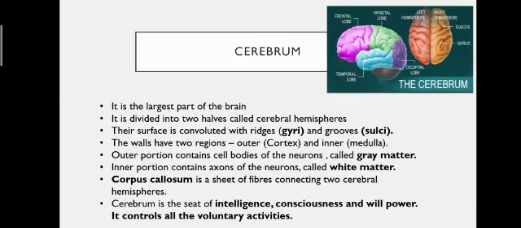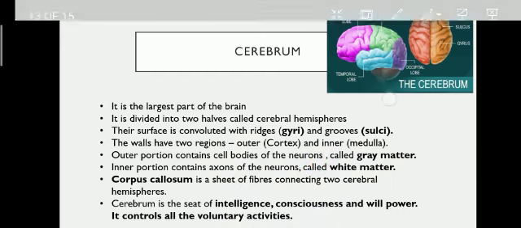After that, as I said, the outer region is known as cortex and the inner region is known as medulla. The outer portion contains the cell body of the neuron, called gray matter. As it is grayish in color, we call it gray matter. The inner portion contains the axons of the neuron, and we call it white matter.